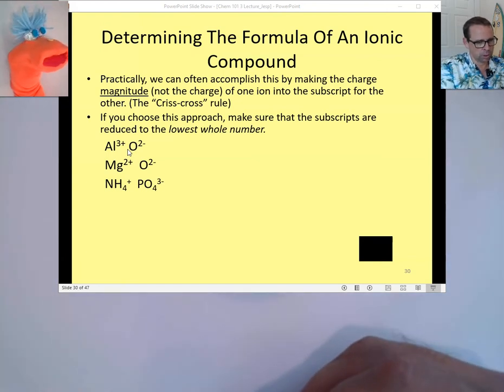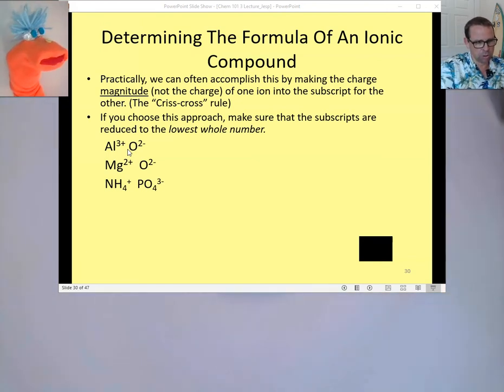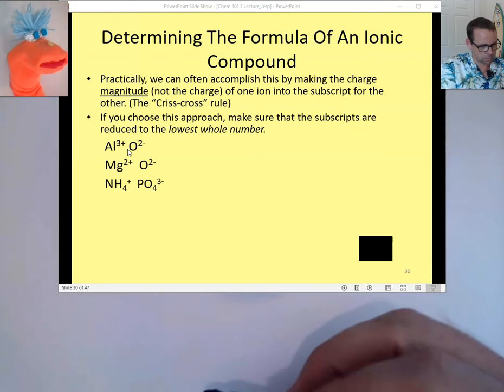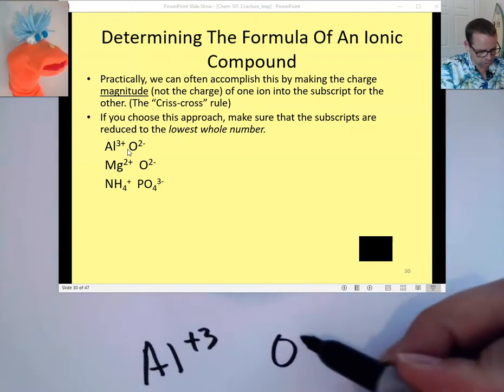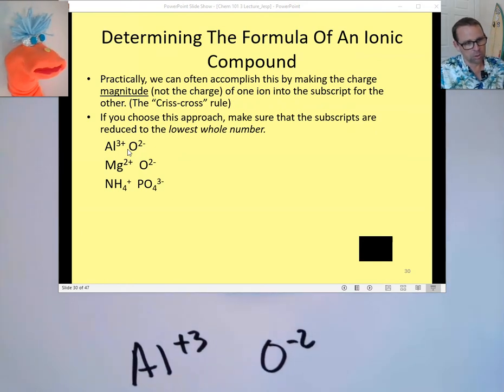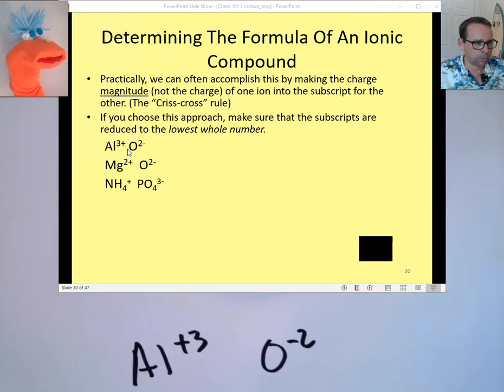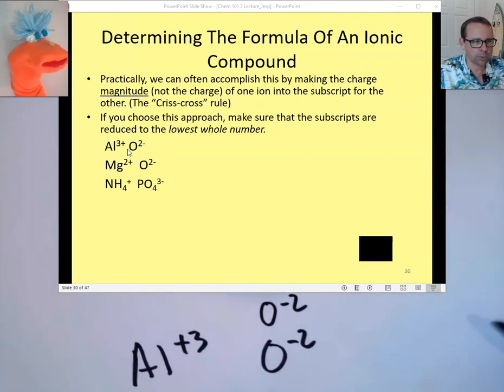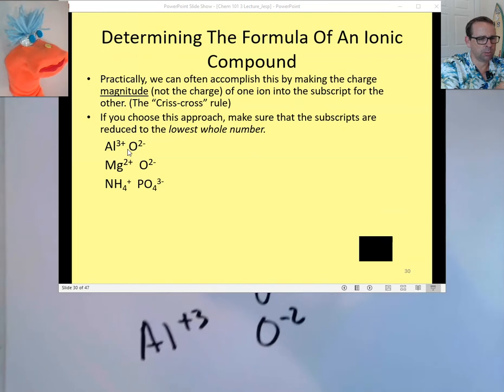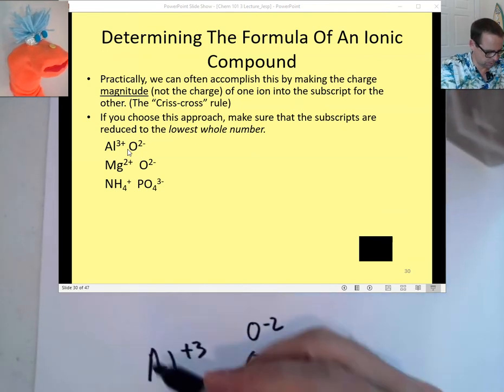Let's see. If I have one with a +3 charge and one with a -2 charge, I'm going to need more negative charge. Like that? Yeah, but when I do that, I'm going to need more positive charge.